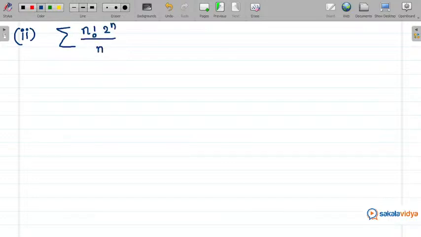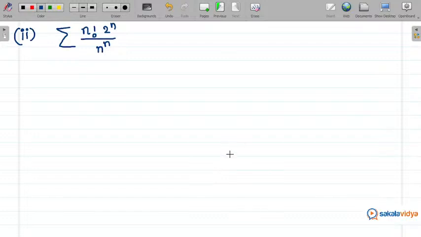Second question. Test the convergence of the given series, that is sigma n factorial 2 to the power of n by n to the power of n. Whenever it consists of factorial terms, we need to apply D'Alembert ratio test. For example, if you observe, it is not in the geometric series.